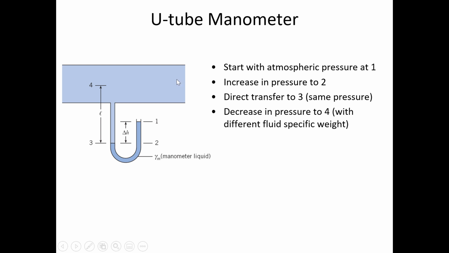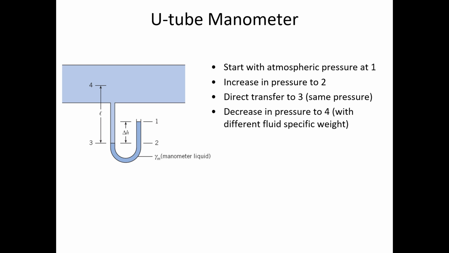Because you could have a liquid or a gas flowing through the pipe, but then you use some other manometer liquid. And the advantage of having a separate manometer liquid is you could choose something that's really dense.